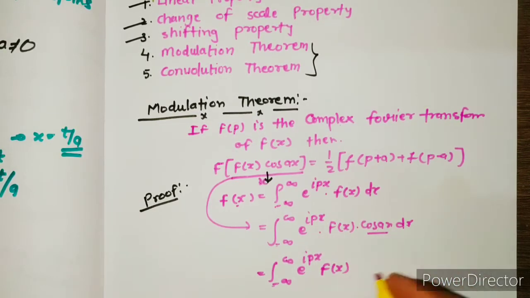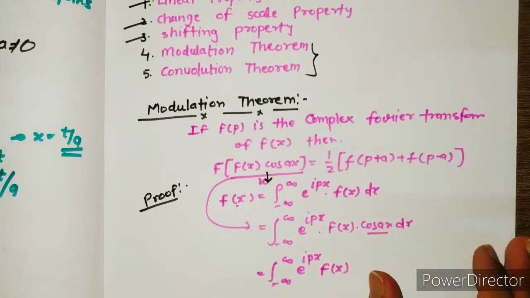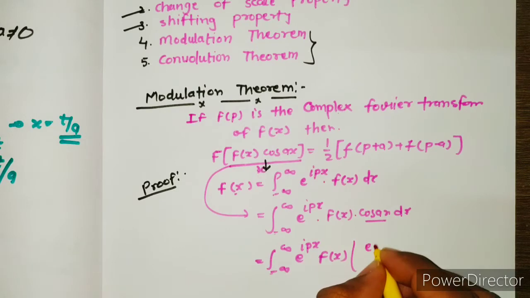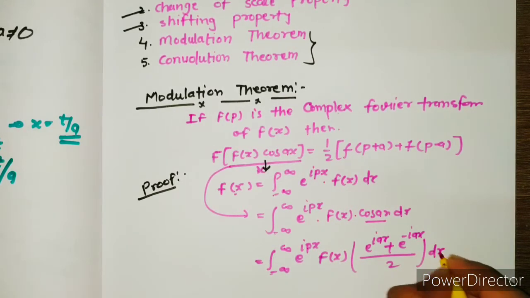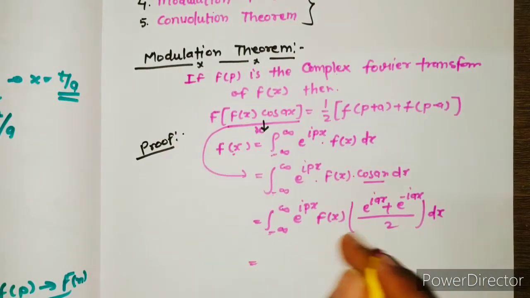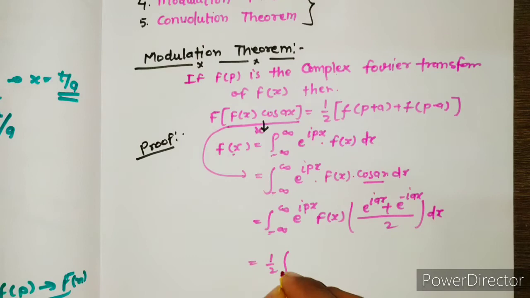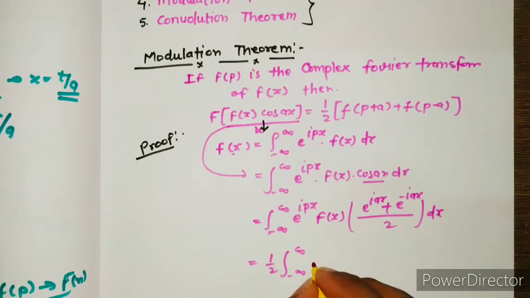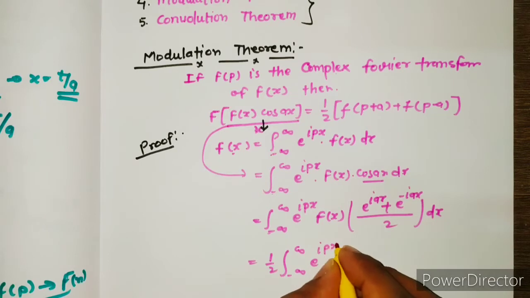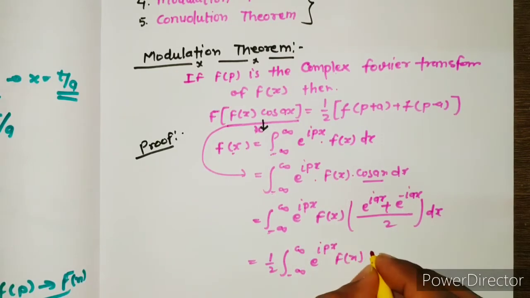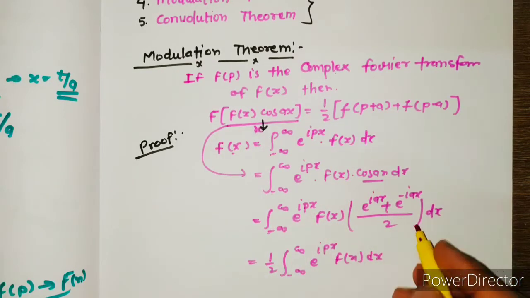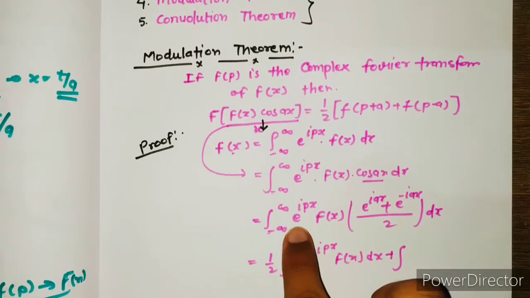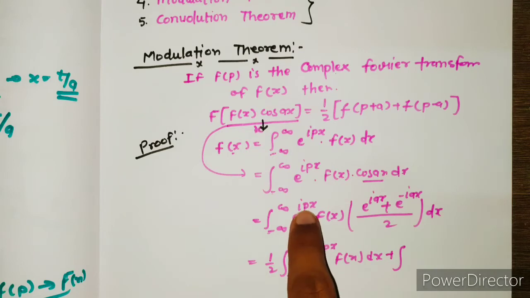In complex form, we already discussed the standard result: cos ax equals (e^(iax) + e^(-iax))/2. So we get 1/2, a constant term, times the integral of e^(ipx) f(x) dx. Applying this to the whole term, we get e^(ipx) and e^(iax).